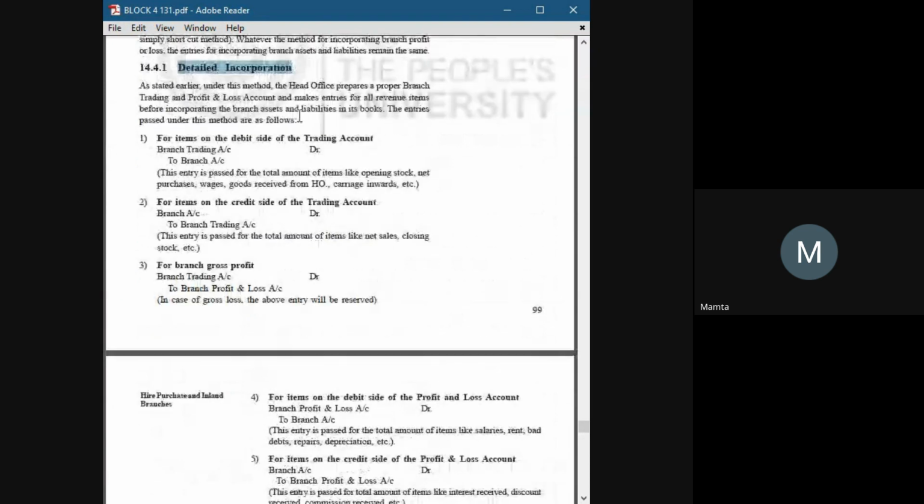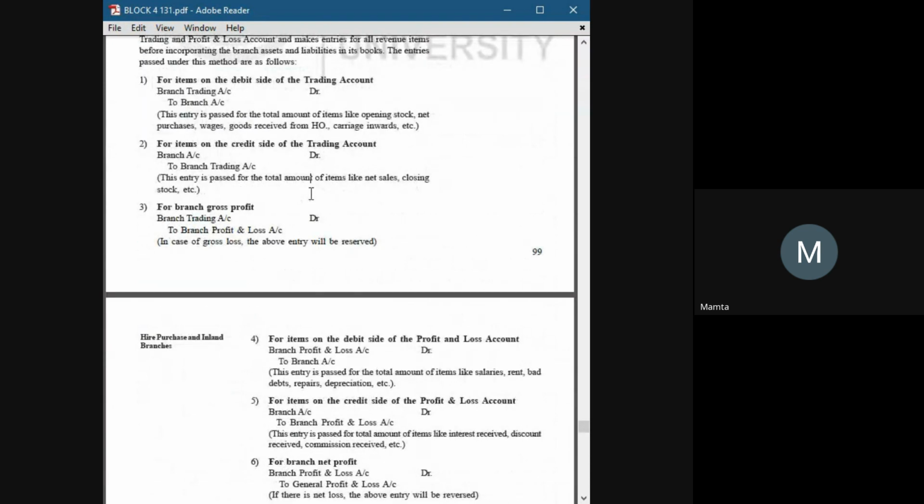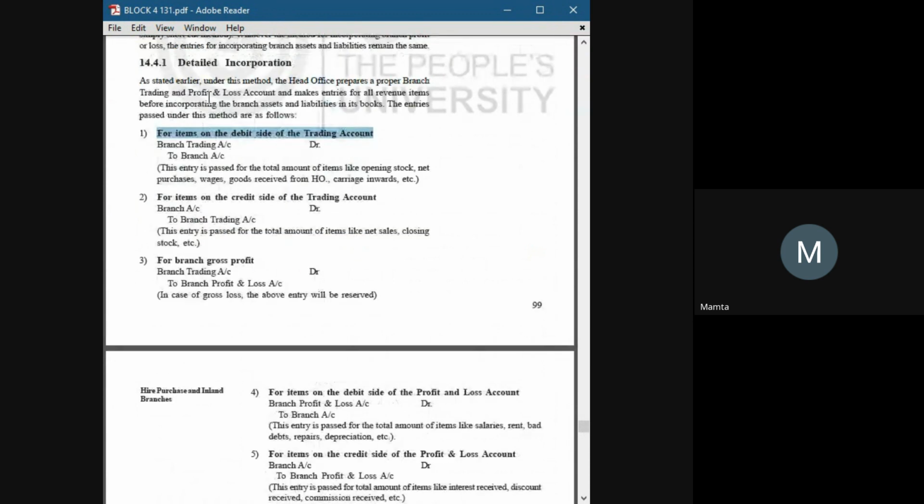And we just read the entries. Because it is a detailed incorporation, for items on the debit side of the trading account: branch trading account debit to branch account.